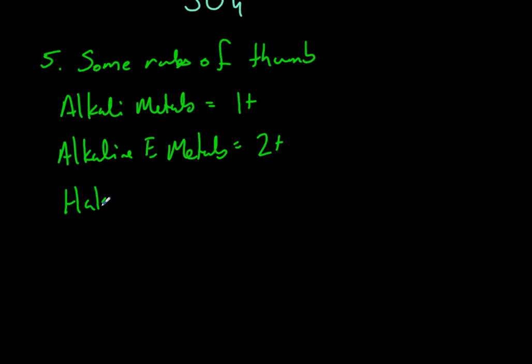Halogens, almost always -1. Oh, but I'm not writing these the right way. Sorry. Oxidation numbers are not written like ions. Let's fix that quick. Okay. Halogens are like that.